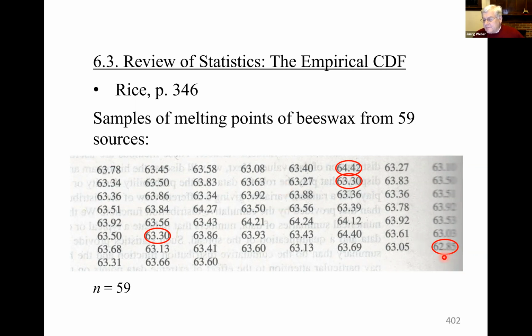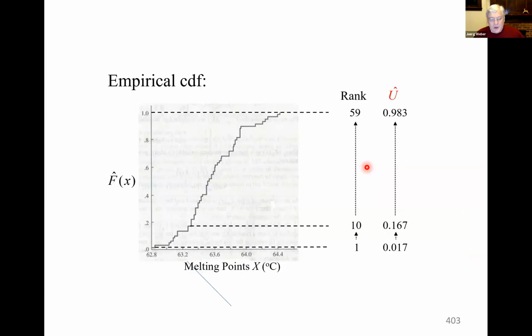So the lowest melting point is 62.85 degrees. The highest one is 64.42. On the lower axis here, I have now those melting points, the temperature. 62.85 is the lowest observation we have. The highest observation we have is something like 64.